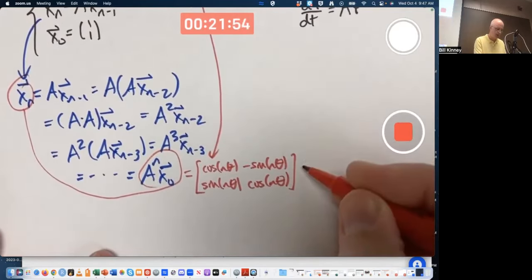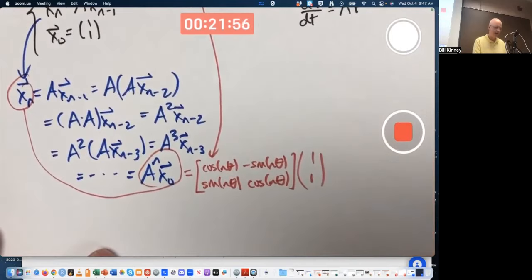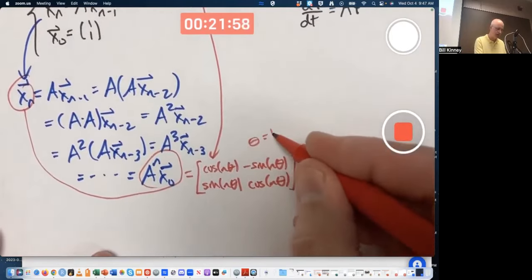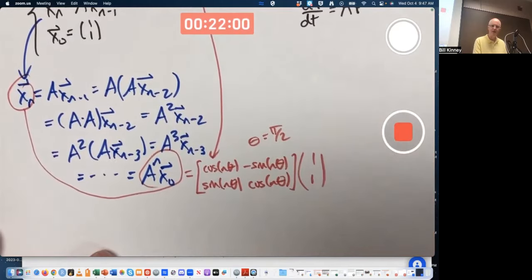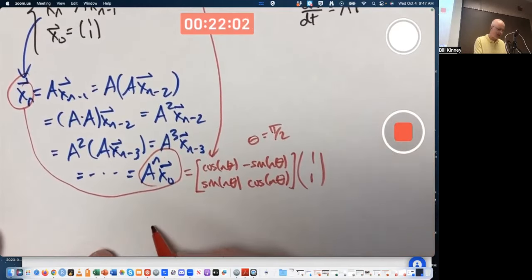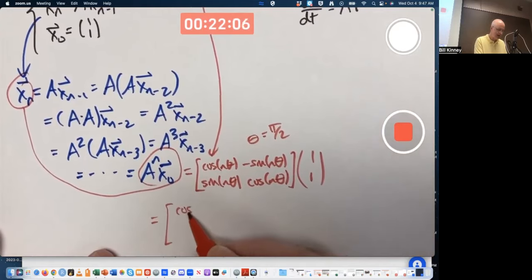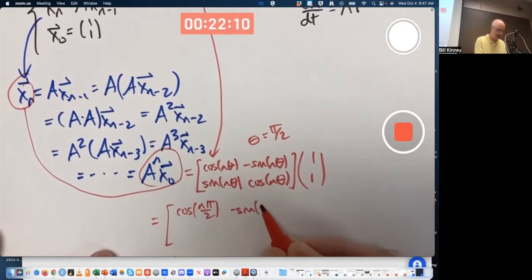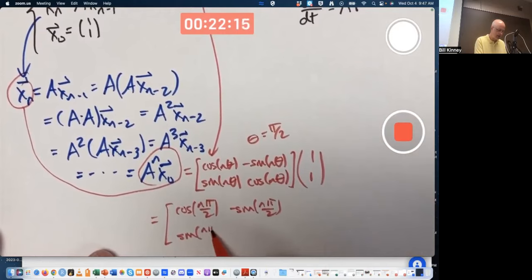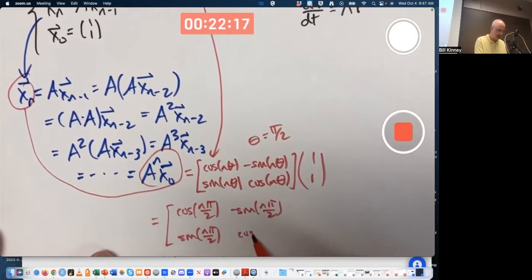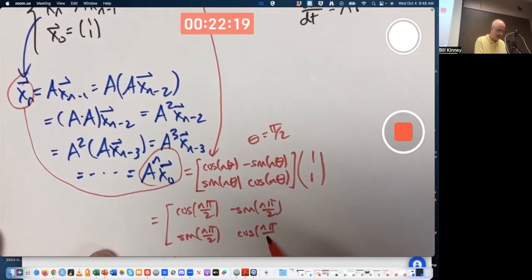And x_0 we took to be (1, 1). Theta again is pi over 2. So technically speaking, one way to write the answer is cosine of n pi over 2, negative sine of n pi over 2, sine of n pi over 2, cos of n pi over 2, times the vector (1, 1).